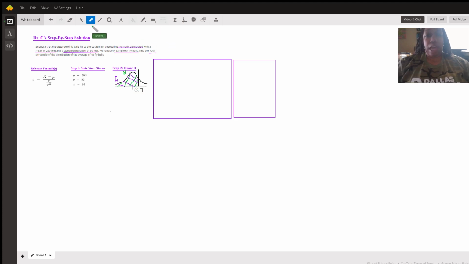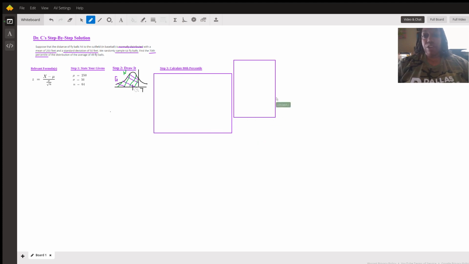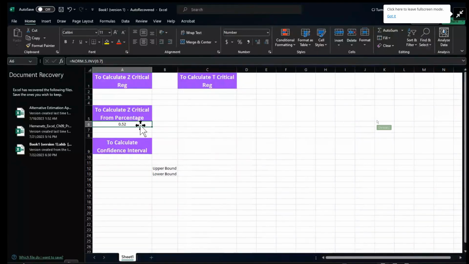Okay, so we know the game plan. Next part is to calculate the 70th percentile to figure out what that z-score is. You can use various platforms for this, but I always recommend Excel. If you have a TI-84, you can do that as well.